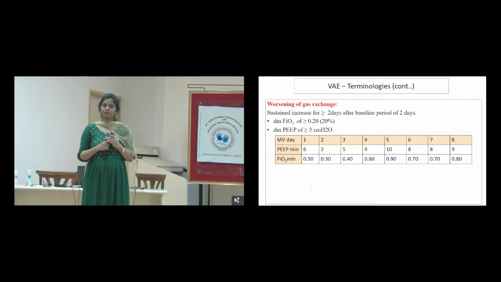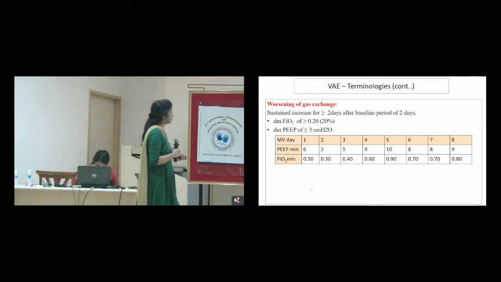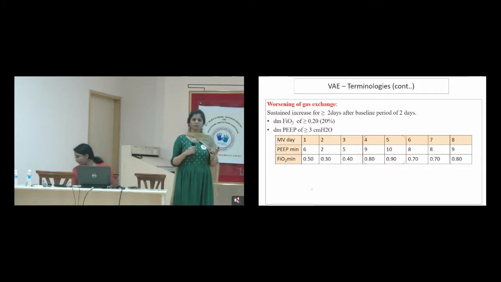You have to take the blank reading as 5. After that you have a jump to 9. So more than 3. Therefore in this example the baseline is 2 and 5. Then the worsening is day 4 and day 5. If the worsening is on day 4 and day 5, then which is the first day of worsening here? Day 4. So the date of event is day 4.